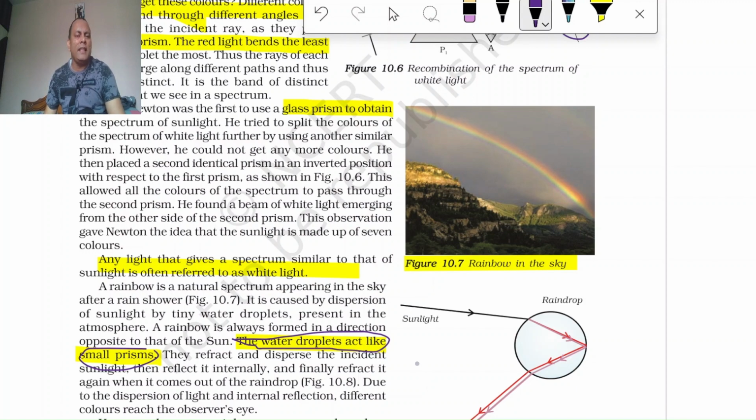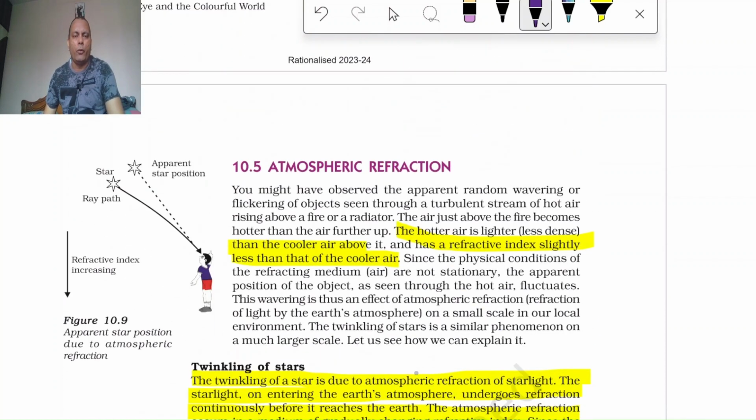When light passes through the air in the rainy season, the small water droplets look like prisms and disperse the white light into different colors. Those colors are visible, and we observe that as the rainbow.